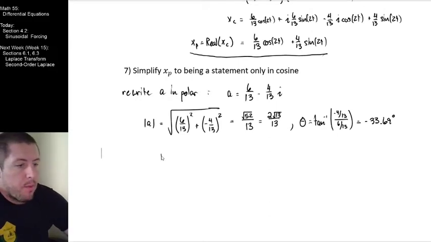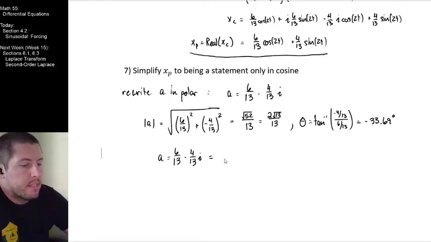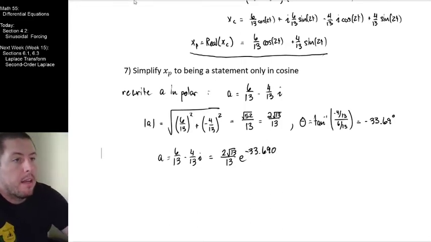So it seems now like we can write A, which was written in standard form as 6/13 minus 4/13 i. I can now instead write this as 2 root 13 over 13 e to the negative 33.69 i, not theta, that one, I just wrote theta.